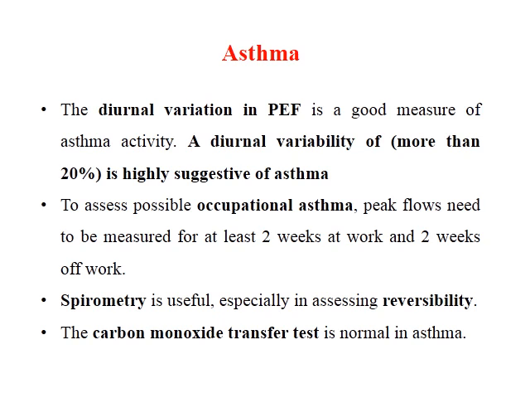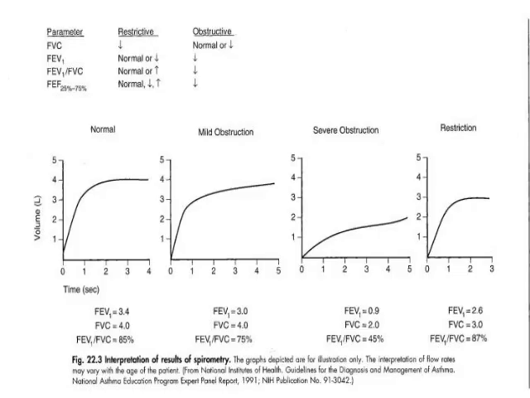While to assess a possible occupational type of asthma, peak flow needs to be measured for at least 2 weeks at work and 2 weeks off work, and then compare the results between the two measures. All these tests can be measured by spirometry, while usually the carbon monoxide transfer test may be normal in asthmatic patients.